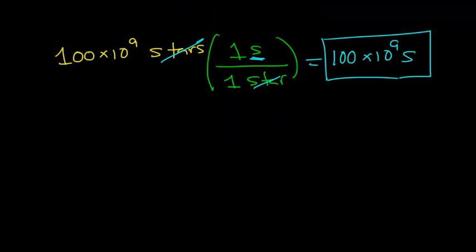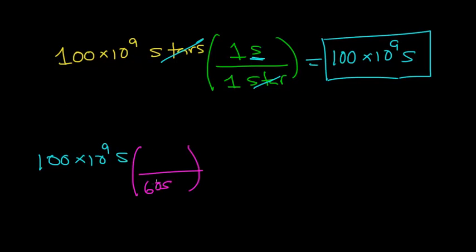So our first step is going to take 100 times 10 to the ninth seconds and convert this over to units of years. You should know that there are 60 seconds in 1 minute. Basically we're going to go from seconds to minutes, minutes to hours, hours to days, days to years to make this conversion. Notice that this unit of second cancels out with that unit of second.